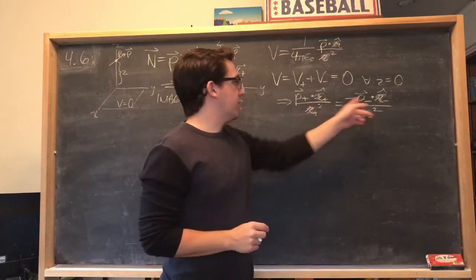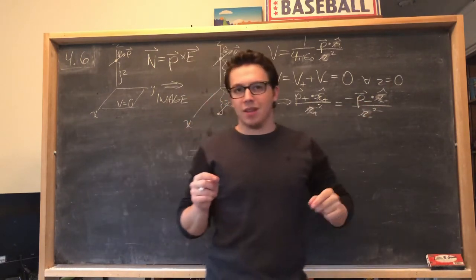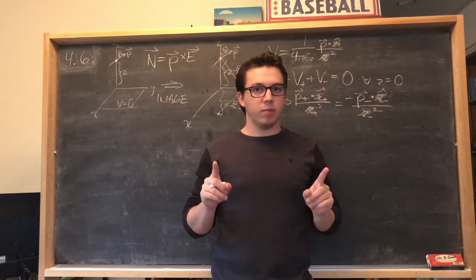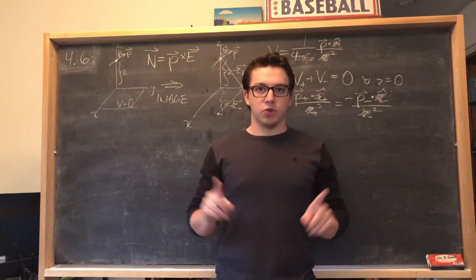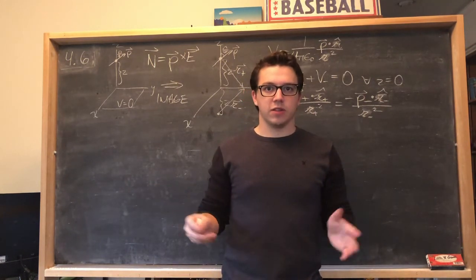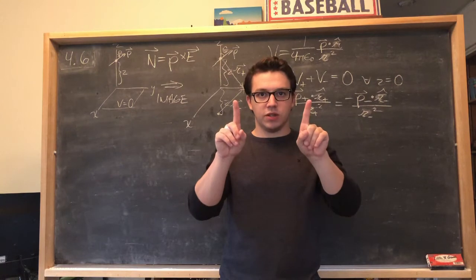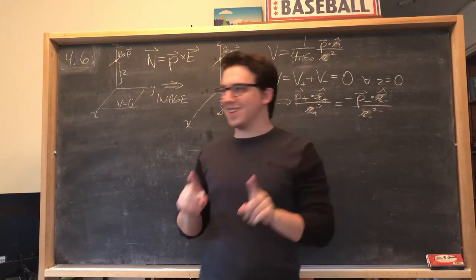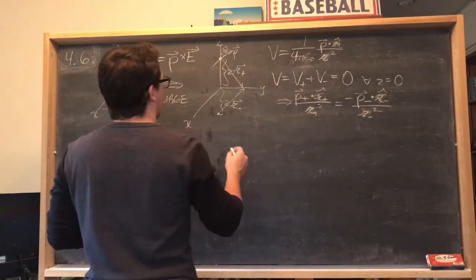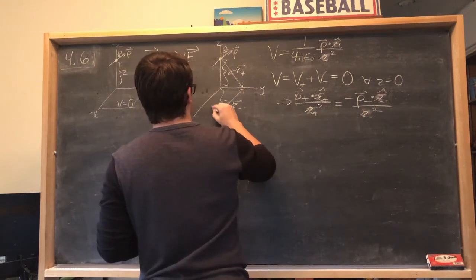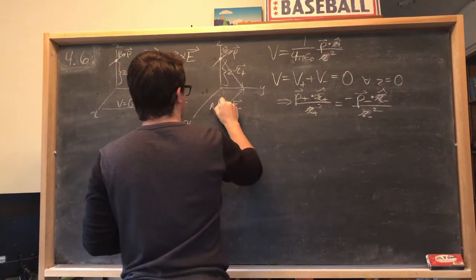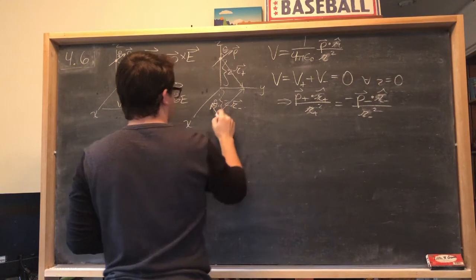So just looking at this dot product, we've concluded that the two dipole moments, which were created in our analog situation, have to be in the same direction in z, but opposite in x and y. And so that would look something like this.